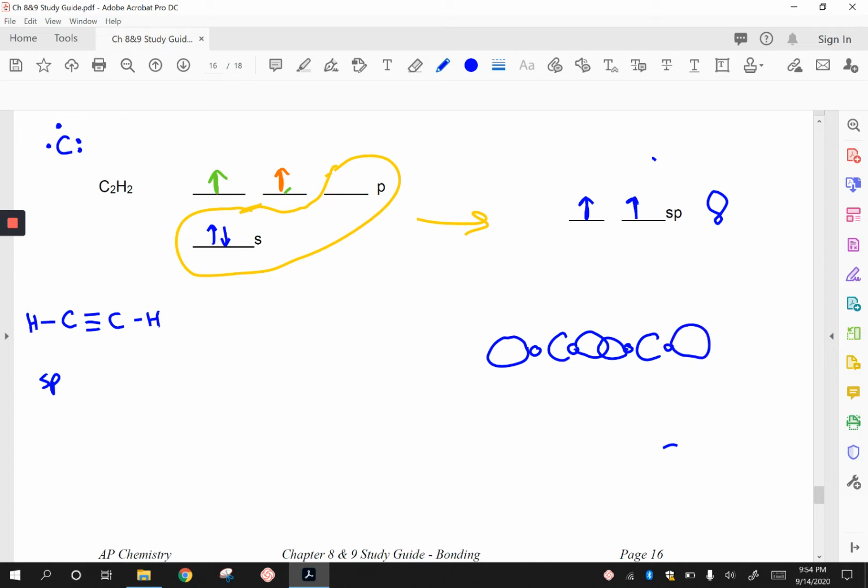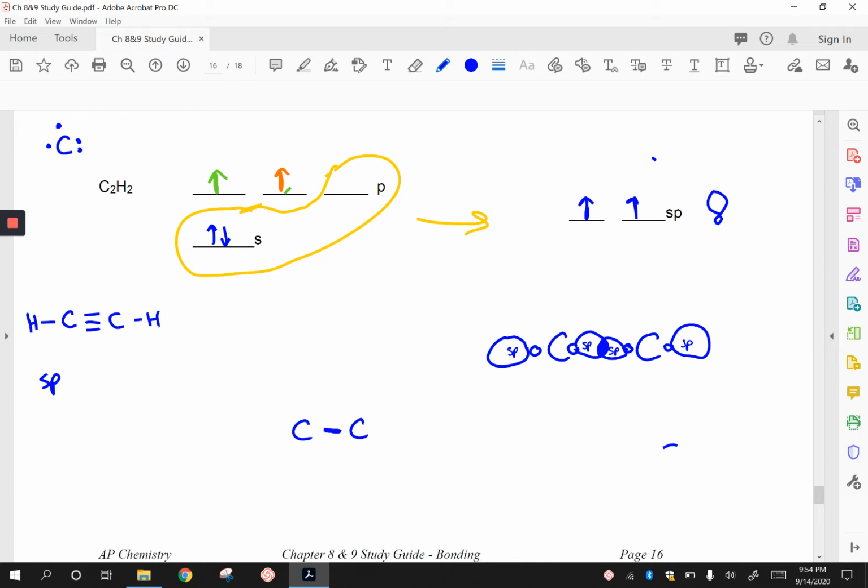Here's the second one. And I'm going to go ahead and label those as my sp orbitals. Okay, and you can tell there's my first overlap right here. And so that is my first bond between the 2 carbons. So there's my first carbon, there's my second carbon. This right here is this overlap there.